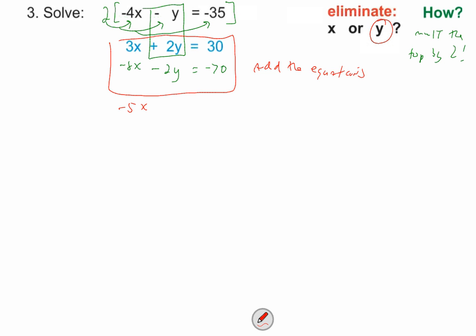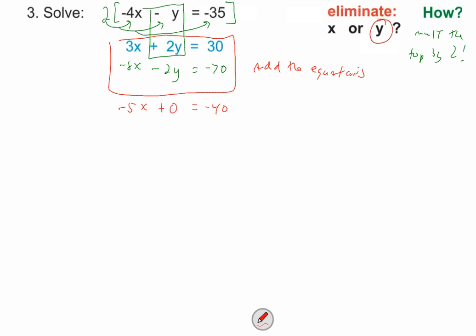We won't put this in here, but positive 2y and negative 2y is 0. Normally I don't bother with the zeros, but I'm putting it there for emphasis, right? That's what we were after. We just eliminated the y's. They're gone. And the right side, we get a negative 40. Okay. So we've accomplished our goal to eliminate one of the variables.